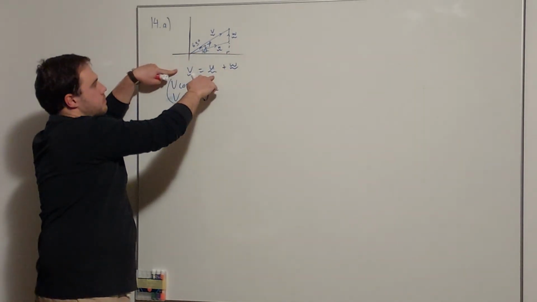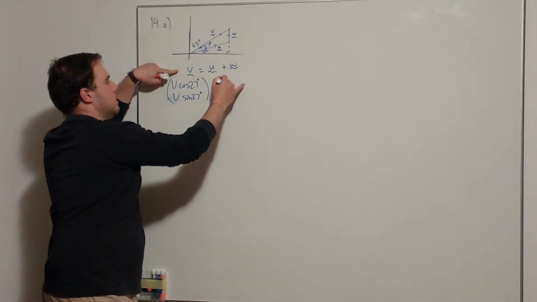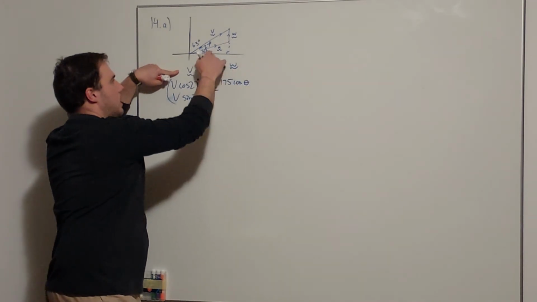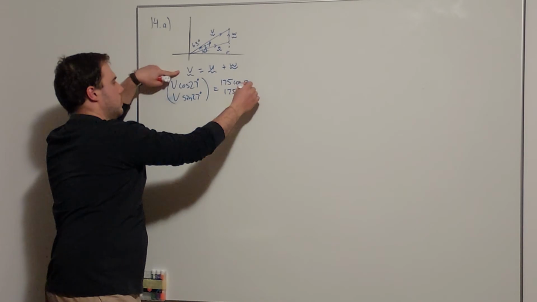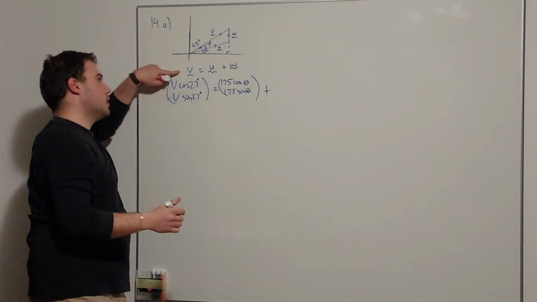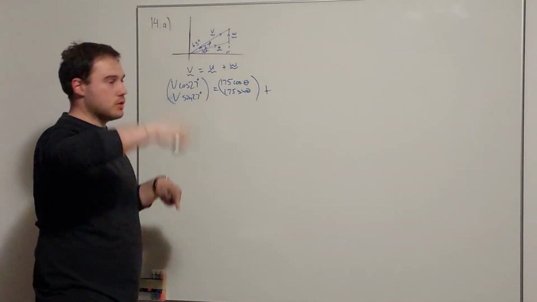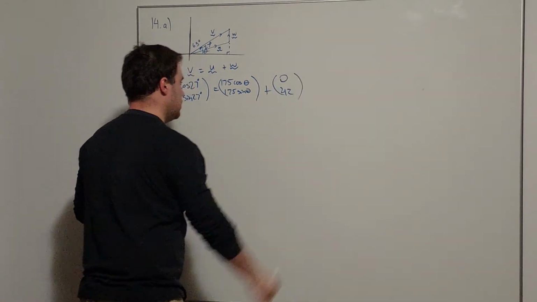U is going to be 175 cos of whatever the angle we're trying to solve for, 175 sine of whatever angle we're trying to solve for, and then this was just coming from the south, so it's going upwards, so this was this vector here.